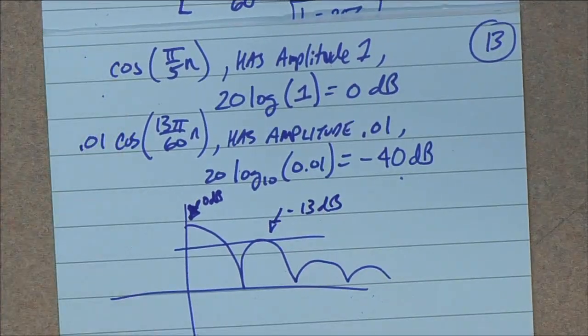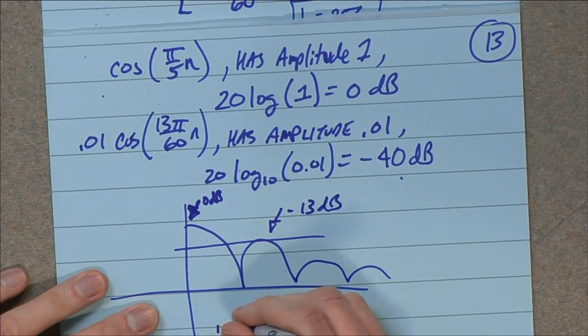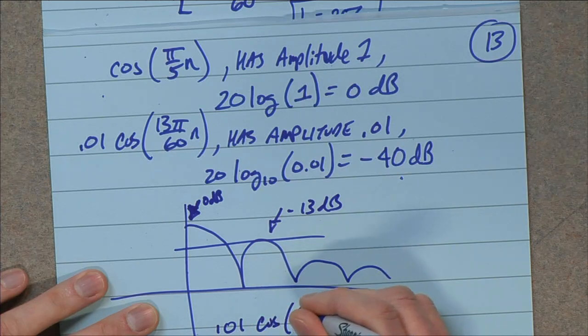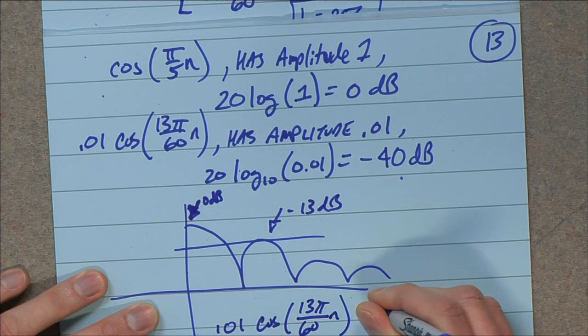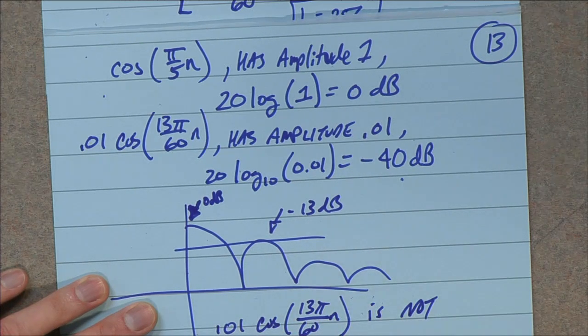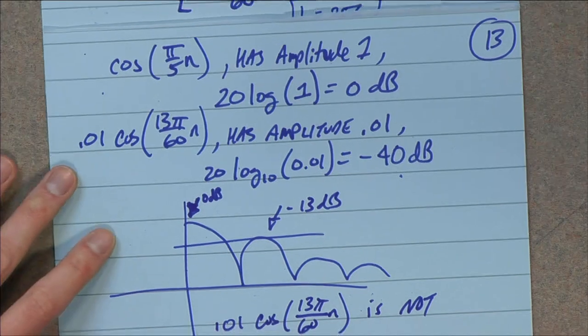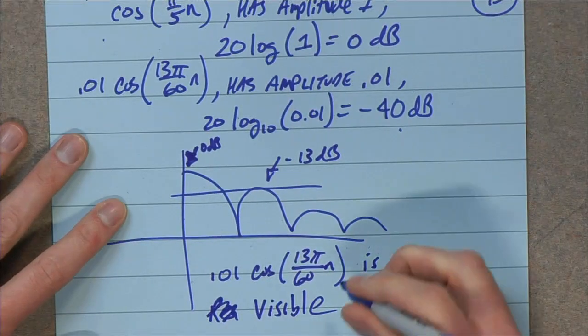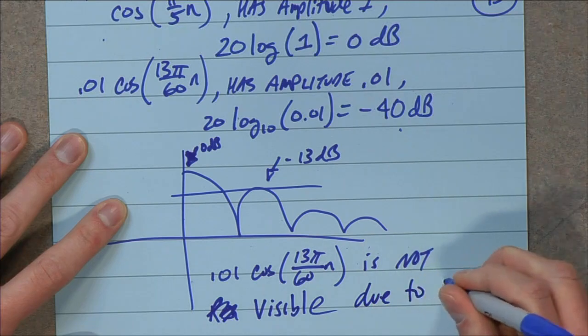So the 0.01 cosine signal is basically not resolvable, or won't be visible. It could very easily be hidden due to side lobes.